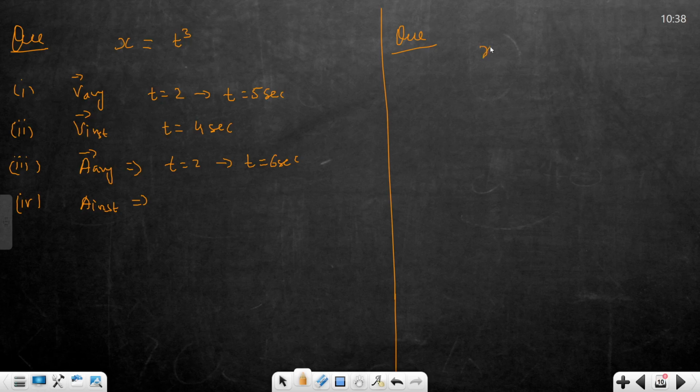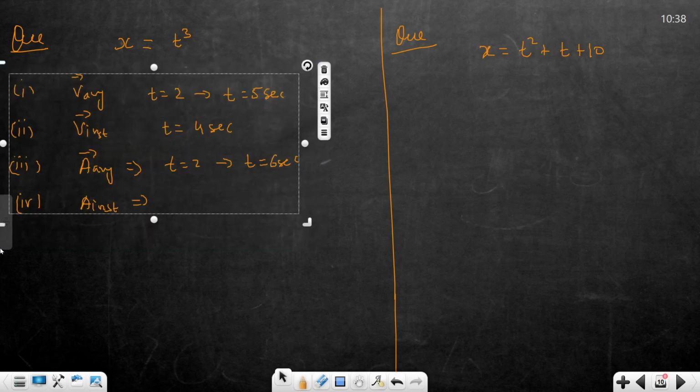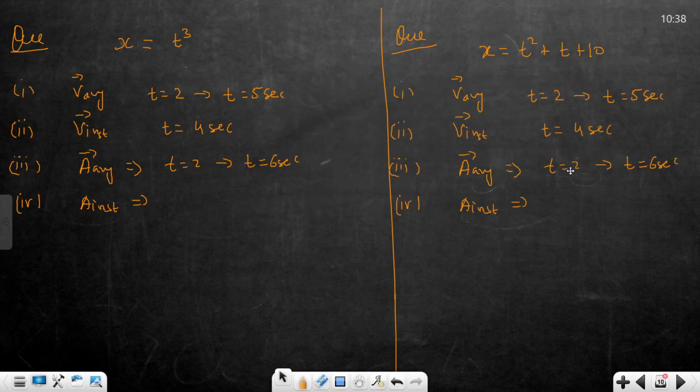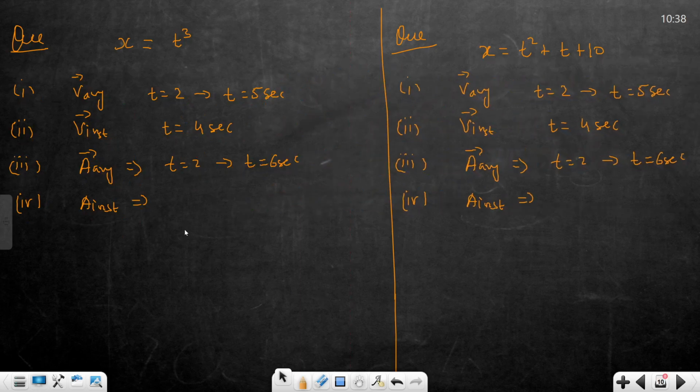The next question is x is equal to t square plus t plus 10. You have to calculate the same parts. So what's the fourth question? Instantaneous acceleration at t equals 3 seconds.